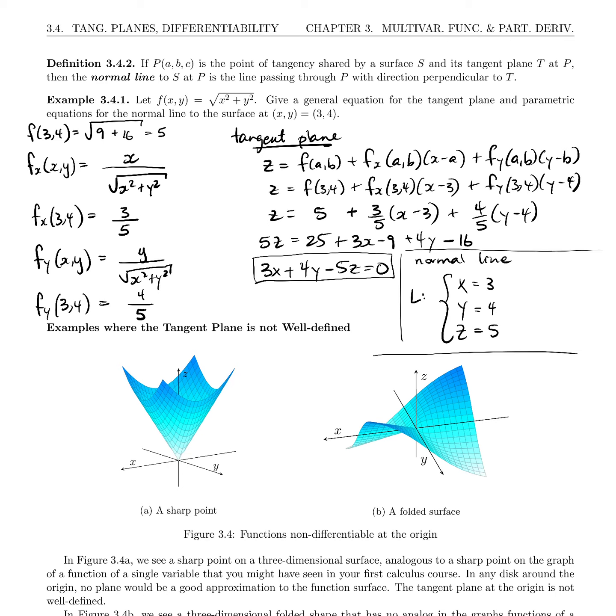And we're going to have as direction of the line the normal vector of the plane. So we're going to have plus 3t, plus 4t, and minus 5t, for any parameter value t in R.